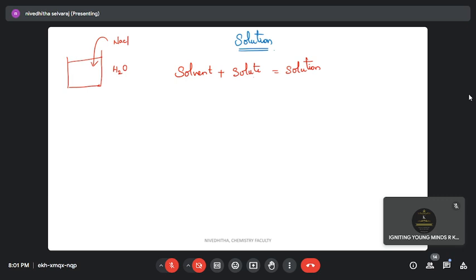If the solution is not binary, for example a ternary solution, then we'll have one solvent and two solutes. But in 11th and 12th standard, we'll discuss only binary solutions with one solute and one solvent. Is that clear? Yes, ma'am. Fine. Now we'll move on to the term concentration.